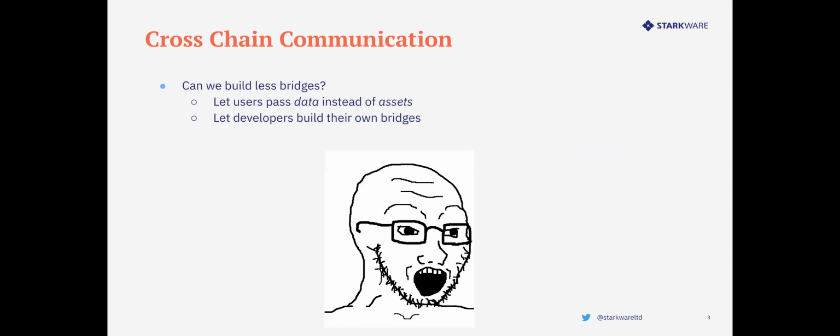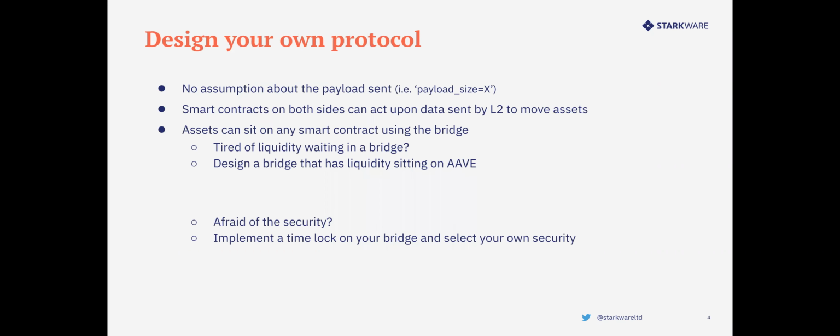But if we're building a messaging system that is more flexible, that allows us to send anything between our L1 and L2, then we can do things that perhaps are not possible with just transferring funds. Later we will see some examples and some code.